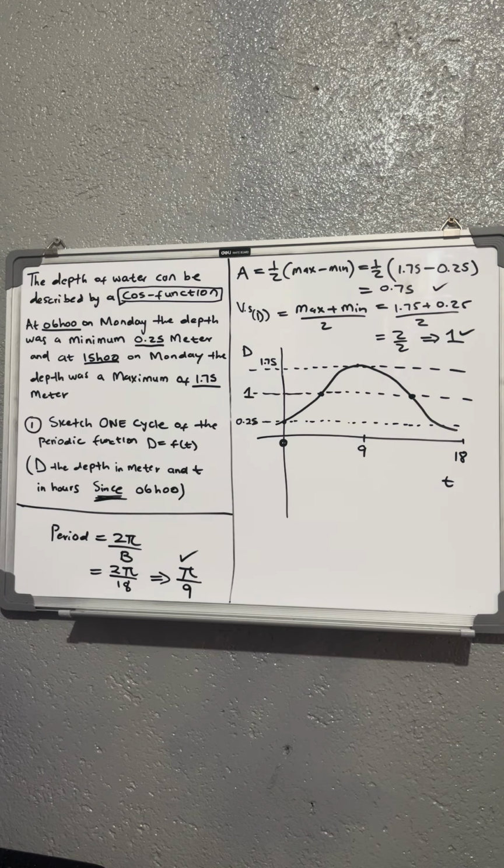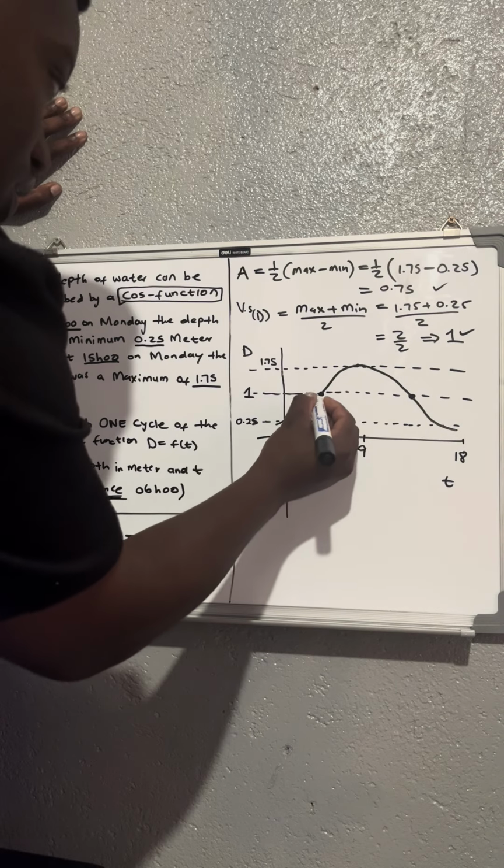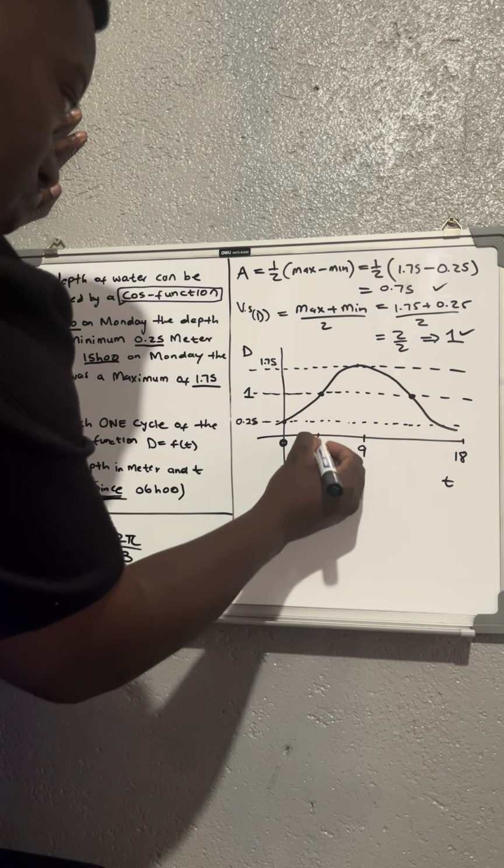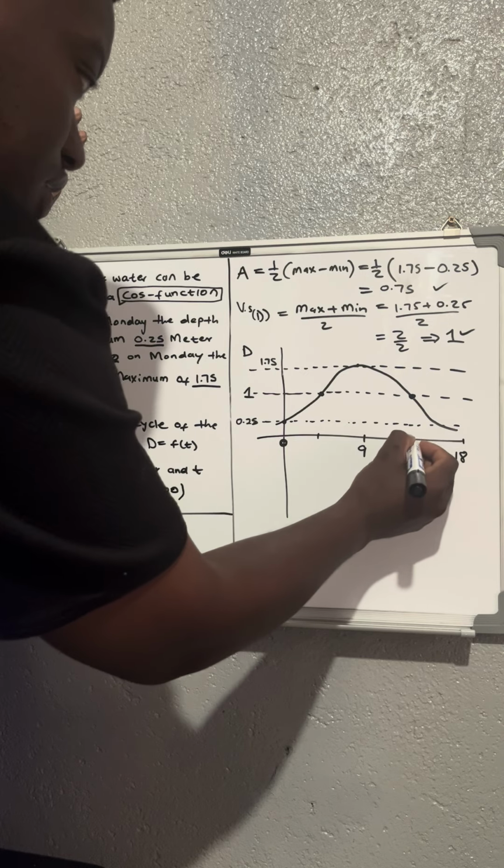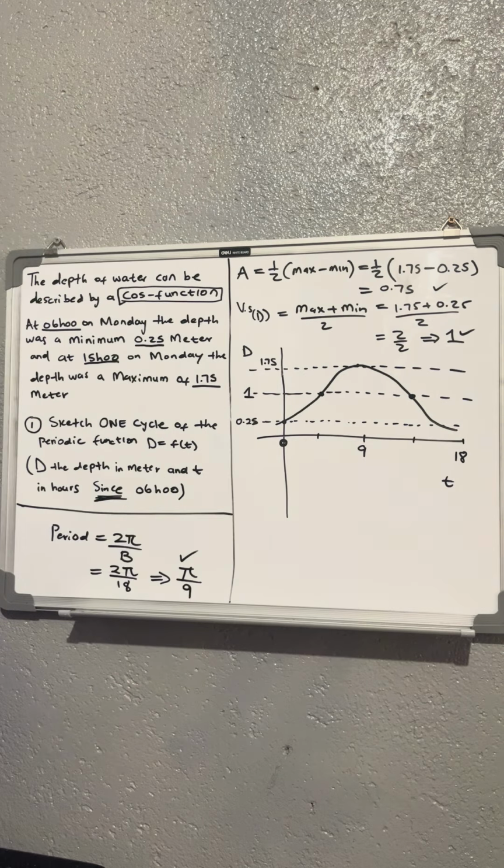So how are those points helping you? You will realize that these are exactly the points where you're going to have your four quarters. What do I mean by 4 quarters?